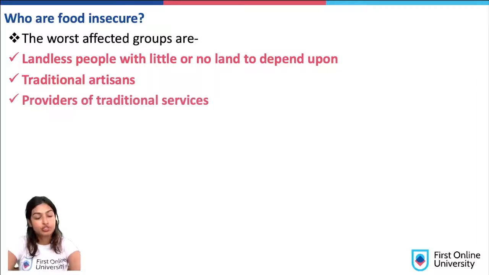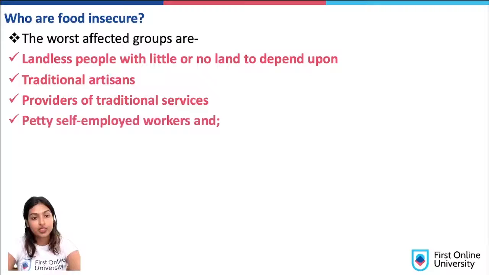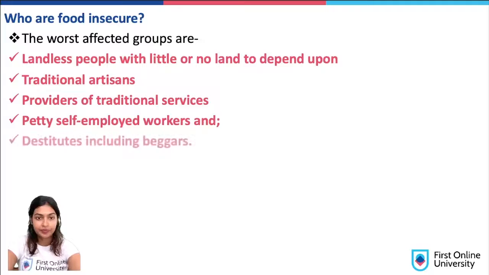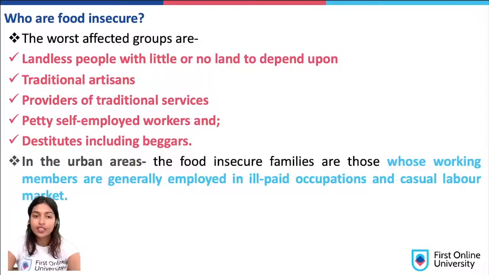You have providers of traditional services, and petty self-employed workers that you can find on the streets, towing vehicles carrying vegetables or fruits and so on, which is a daily sight. And then you have destitutes including beggars, and that's about it.